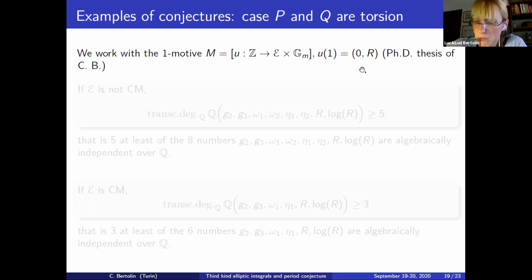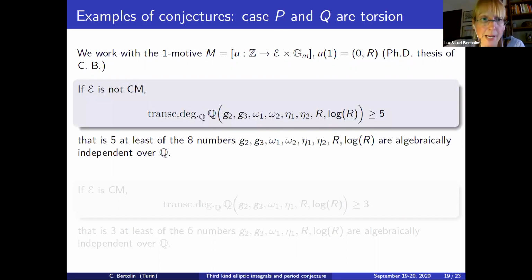The point above which lives the point R is torsion. But this means just that I can choose R living in Gm, and this time R is not torsion.